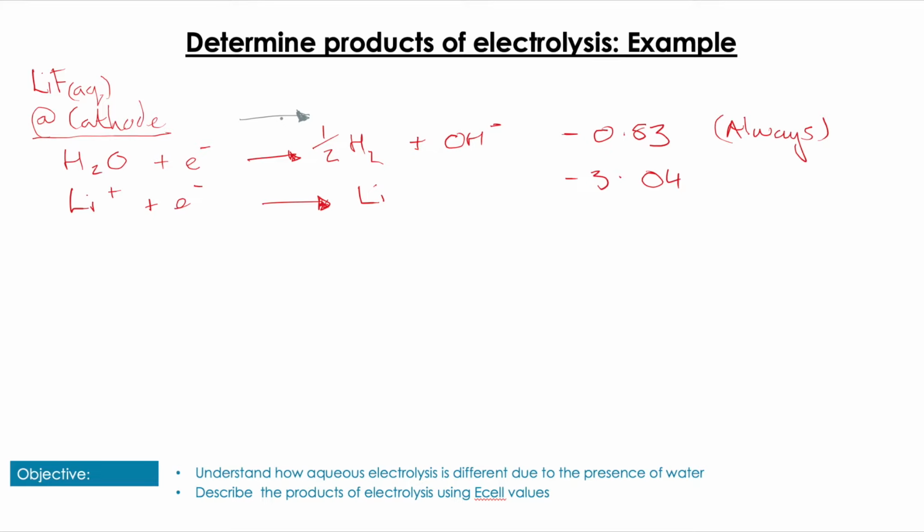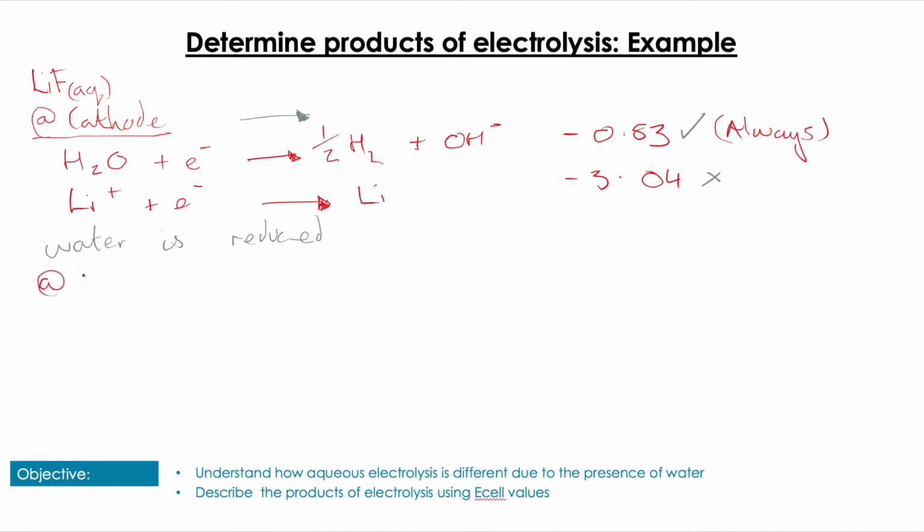Now, you can get these values from your table. You should have your table alongside while we're doing these questions, and we can see that because this is a reduction potential, lithium has a lower value than the water, aka it wants to be reduced less, and because it wants to be reduced less, we know that water will therefore be reduced in this case.